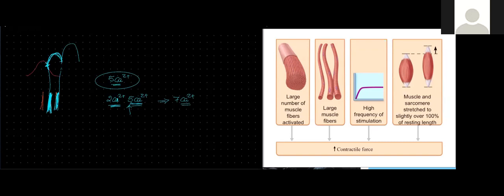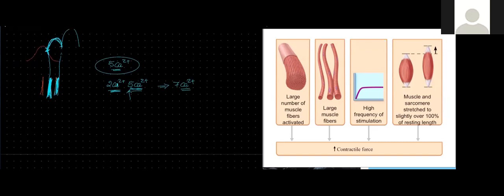All right. Another factor that we discussed last time was the strength of the stimulus. If you remember, the stronger the stimulation, the more muscle fibers will become activated. So if I receive a threshold stimulus, a minimal number of muscle fibers will be recruited.